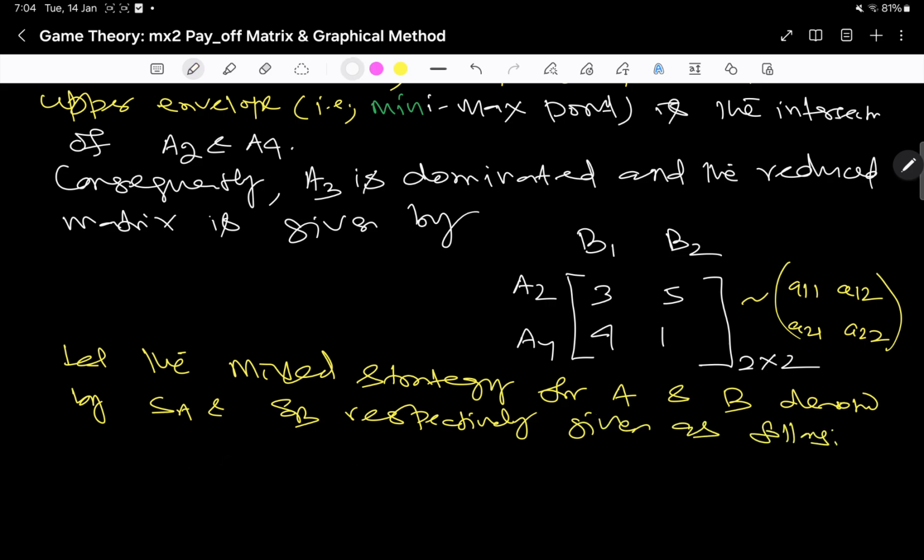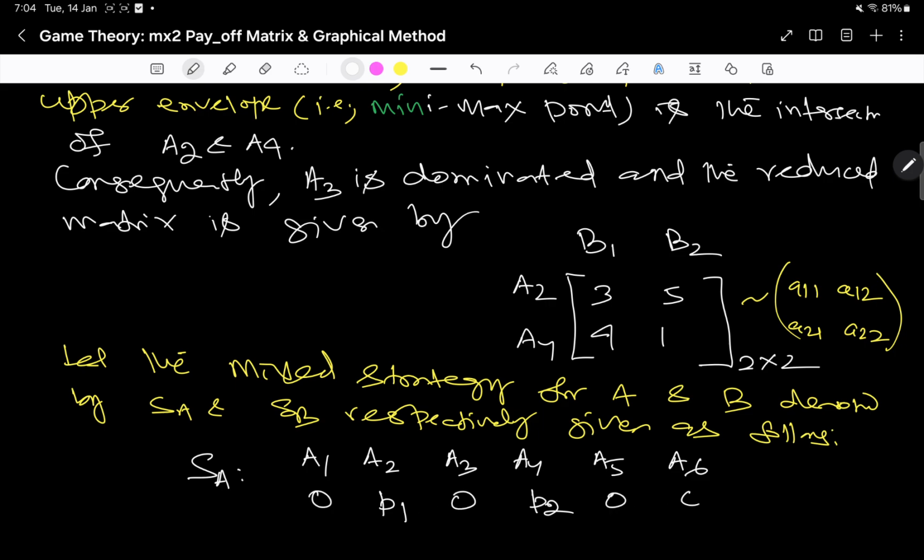So for your SA, we have earlier A1, A2, A3, A4, A5, A6. So the things which are available now is A2 is my P1 and A4 is my P2. Remaining are 0 because these are all dominated.